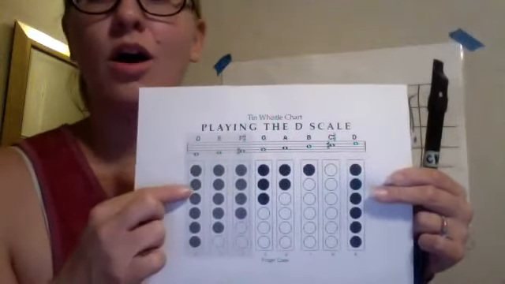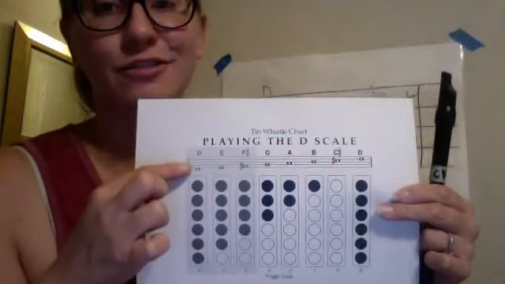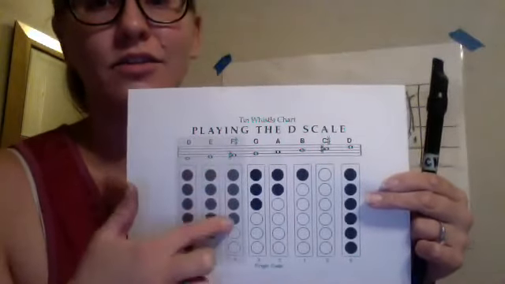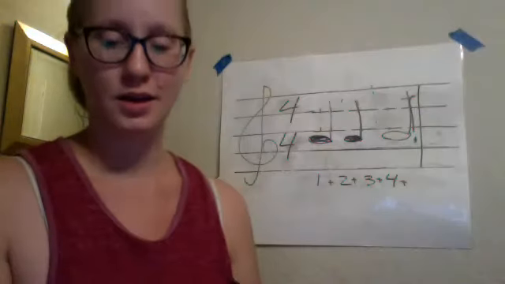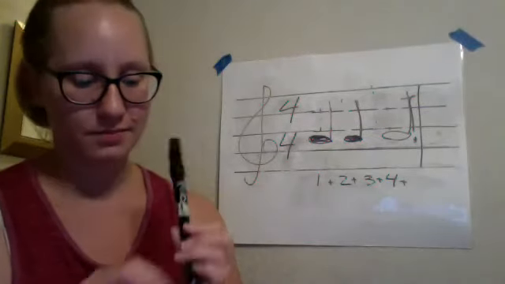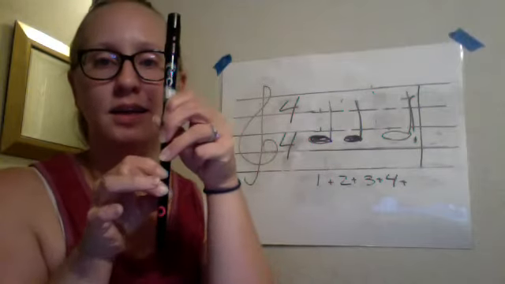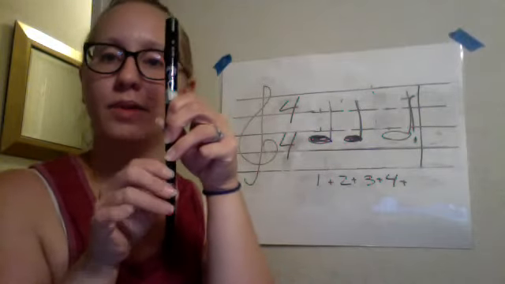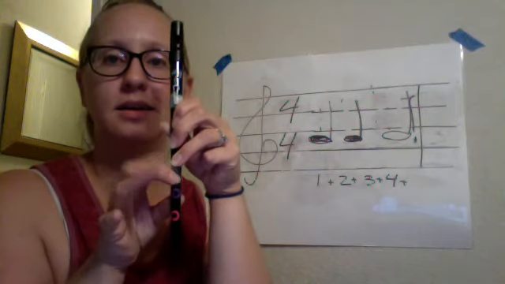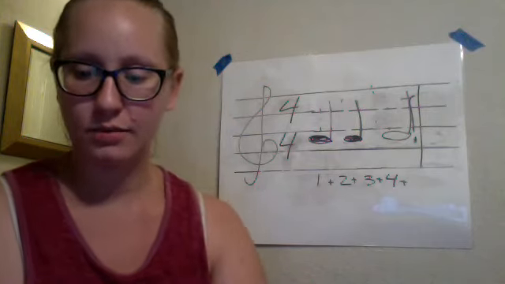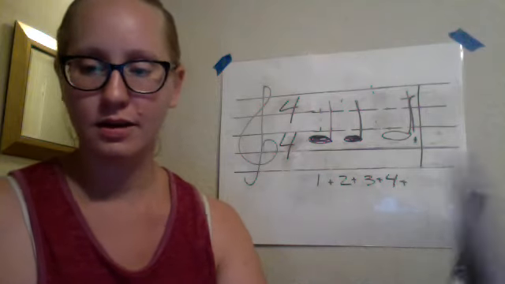Okay, so all fingers down makes the sound for D. First 5 down makes the sound for E. First 4 down makes the sound for an F sharp. So you're going to practice with them. D, E, F sharp. Okay, D, E, F sharp. That's learning the right hand notes.